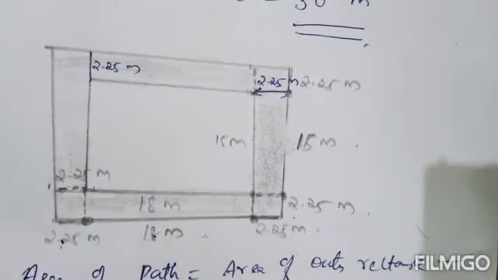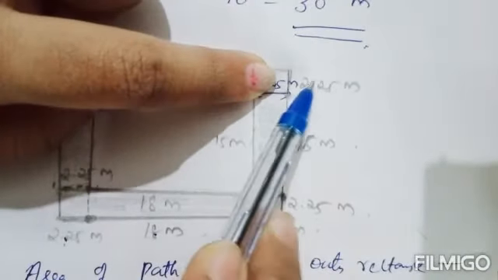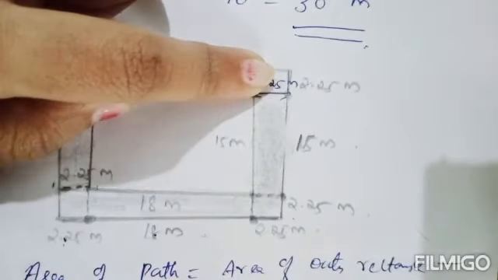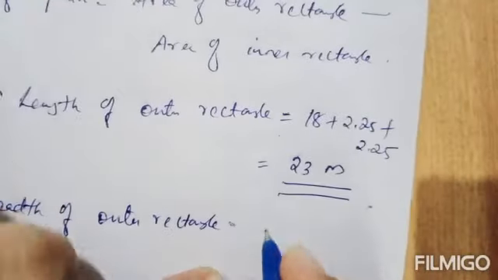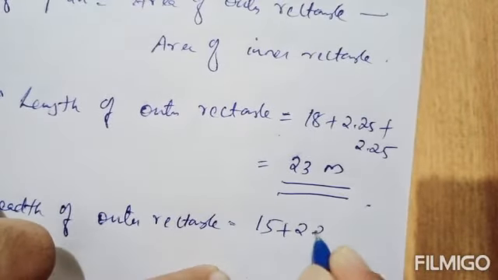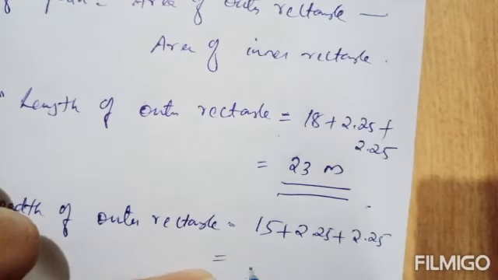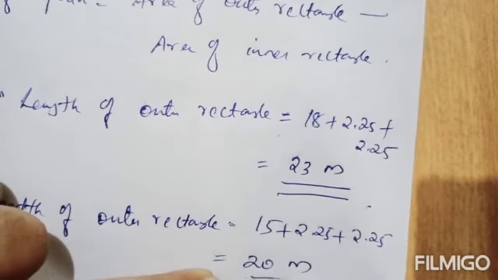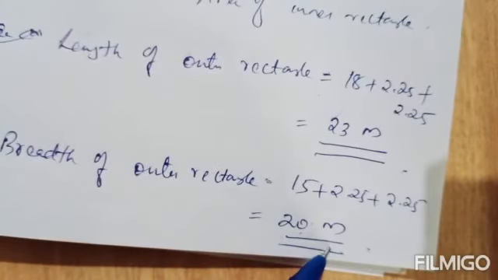So to find the breadth of the outer rectangle, just add 15 plus 2.25 plus 2.25. 15 plus 5, you will get 20 meter. This is the breadth of the outer rectangle.